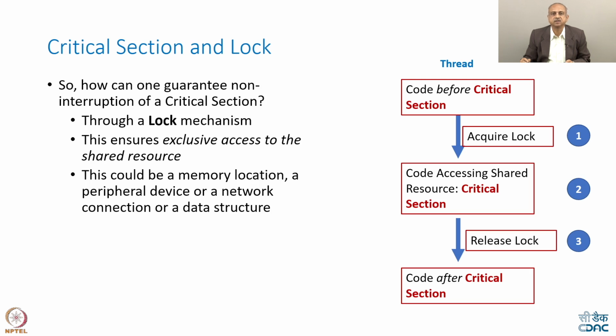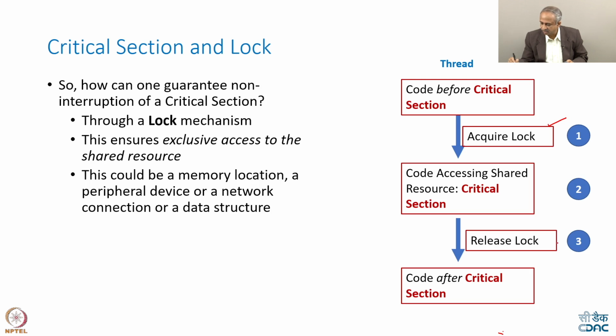So, the logic that is used is as follows. The first step is, at the beginning of the critical section, the thread acquires a lock. Once it acquires the lock, it can now access the shared resource without being interrupted.